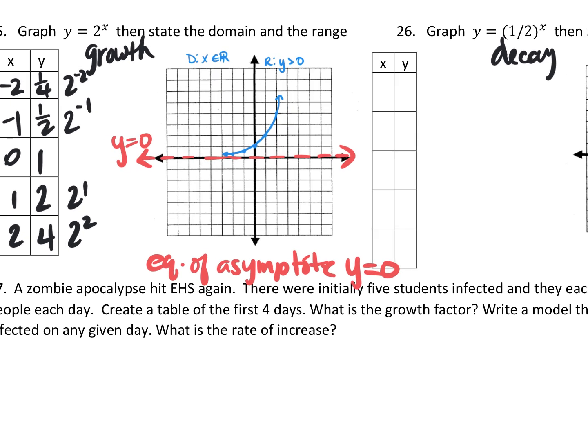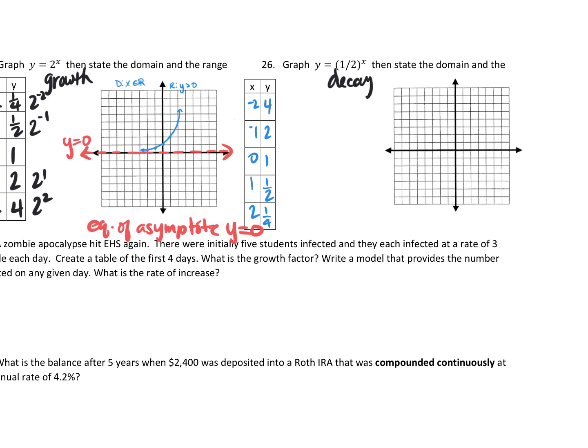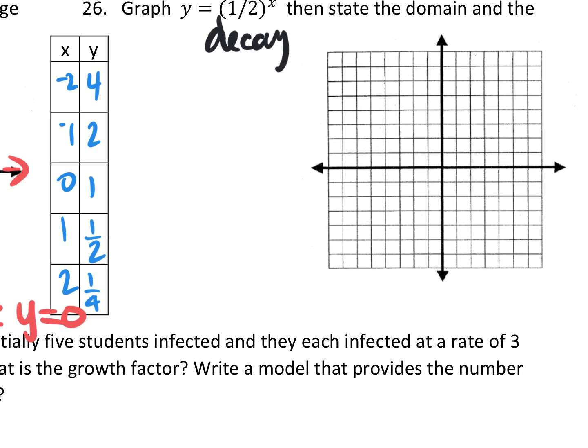And we're going to plug in the same numbers for 1/2 to the x. 1/2 to the 0 is 1. 1/2 to the 1 is 1/2. 1/2 to the 2 is 1/4. 1/2 to the negative 1 is 2. 1/2 to the negative 2 is 4. So you should notice that this graph is a reflection on the y-axis. Equation of the asymptote is y equals 0.